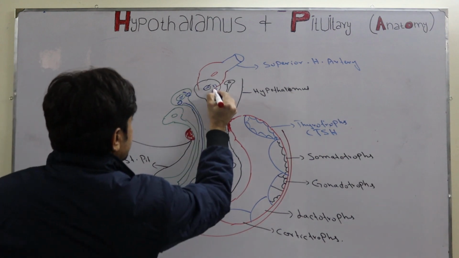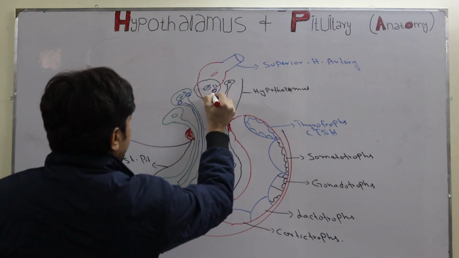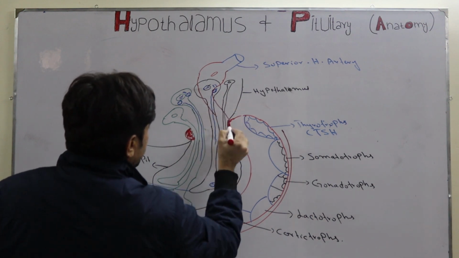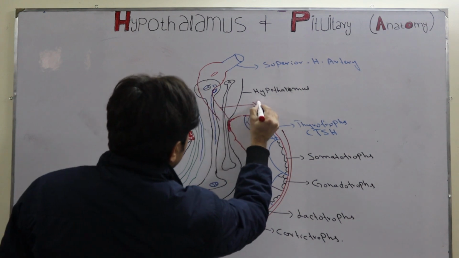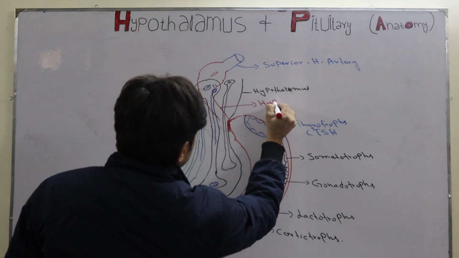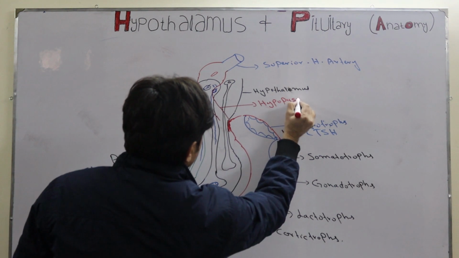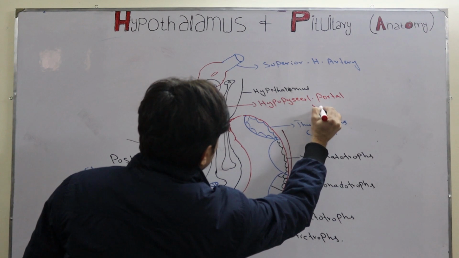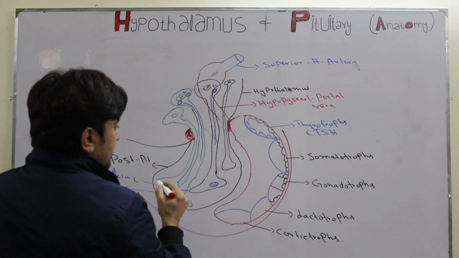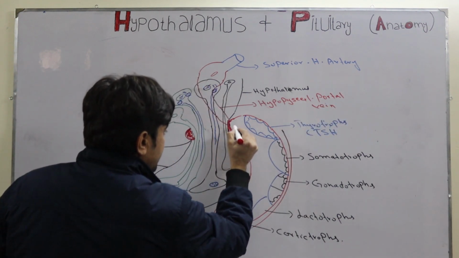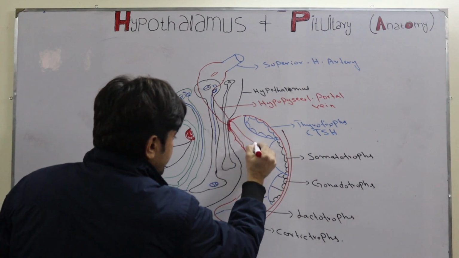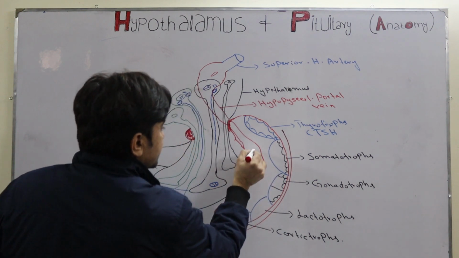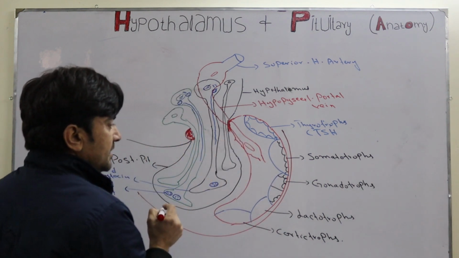So these capillaries rejoin and form a vein which is called the hypophyseal portal vein. When this vein reaches the anterior pituitary, it again gives rise to capillaries.